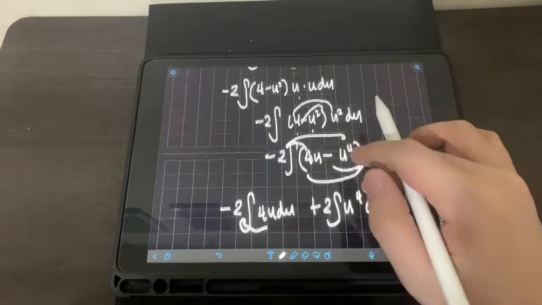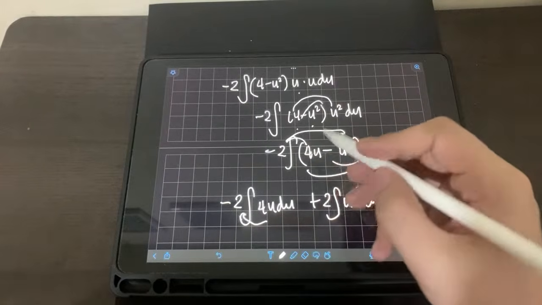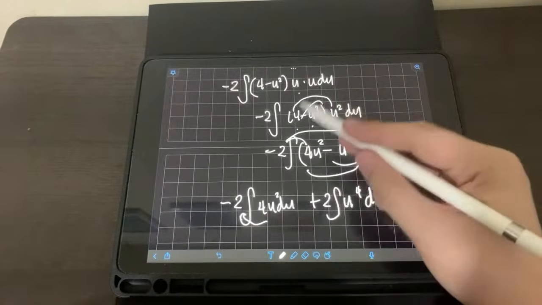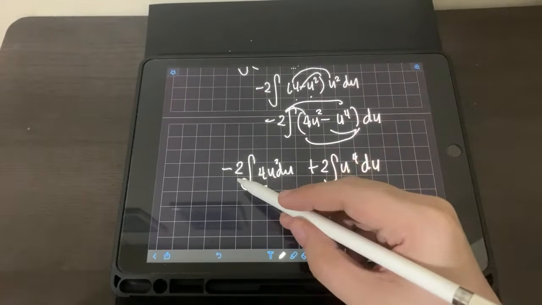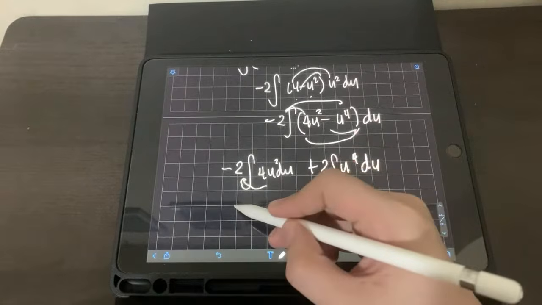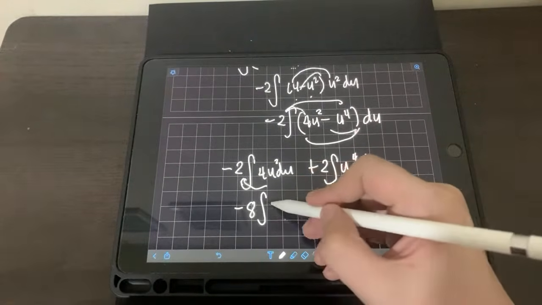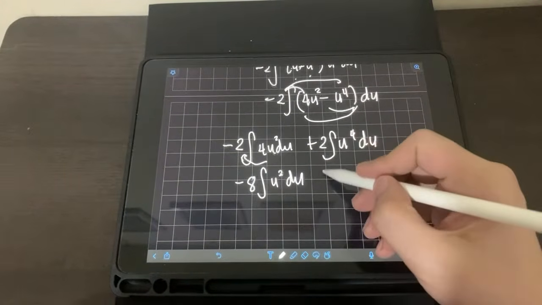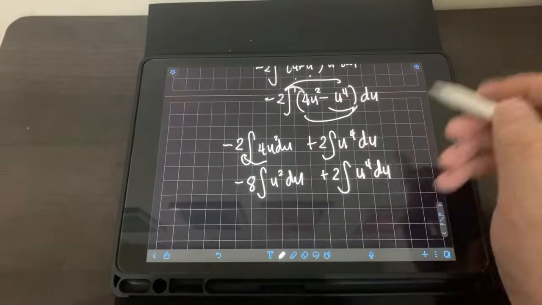Sorry, it should be u squared. Okay? 4u squared. Distribute the u squared. When you multiply the negative 2 times 4, it will be negative 8. Integral of u squared du. Okay? Plus 2 integral of u to the 4th du.